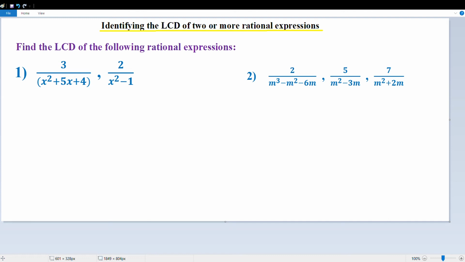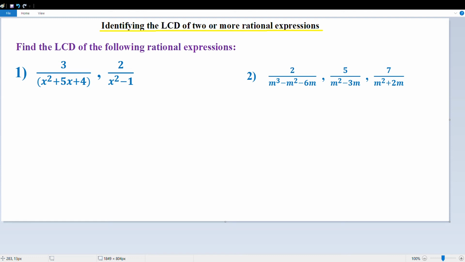Now, let's go to problem number one. Here we have two algebraic expressions. So we'll first rewrite the denominators.